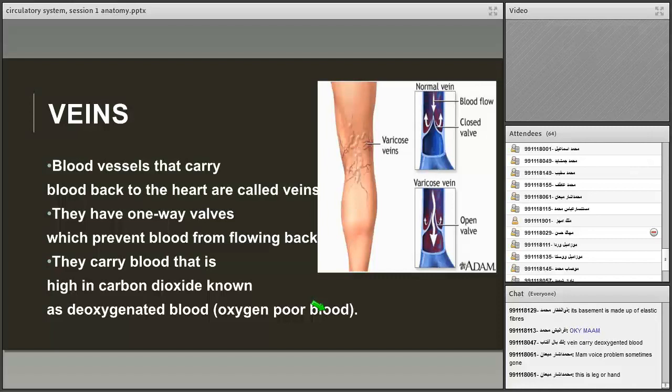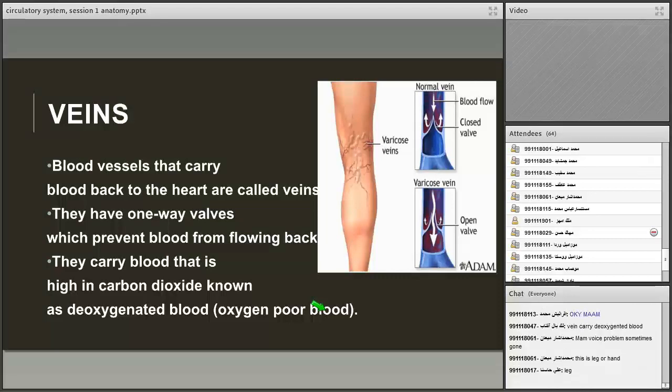Listen, the blood is flowing in every direction. I mean, it flows in the direction of gravity when it is flowing to, for example, the feet or legs, and also when it is flowing to the head, it is flowing against the direction of gravity, okay? In the arteries.